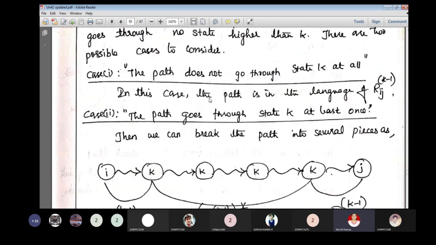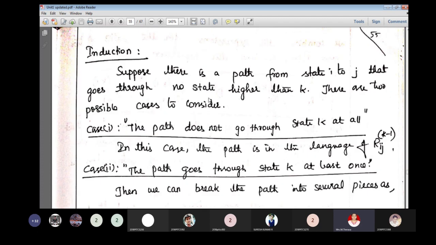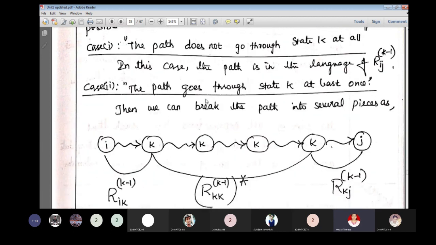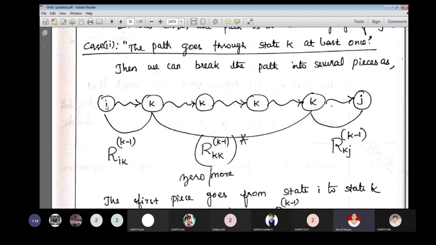Then we move to the inductive step. Suppose there is a path from state i to j that goes through no state higher than k. There are two possible cases to be considered: the path does not go through the state k at all, or the path goes through k. There may be a path from i to j straight away, or else you may have a path via k.